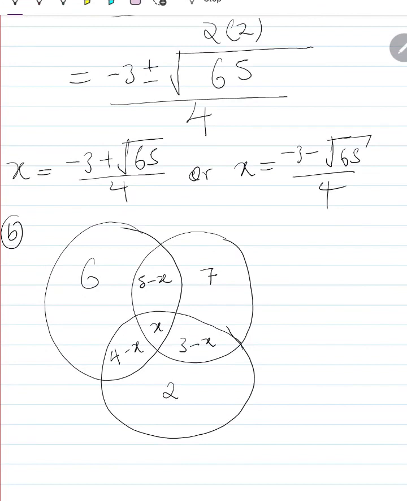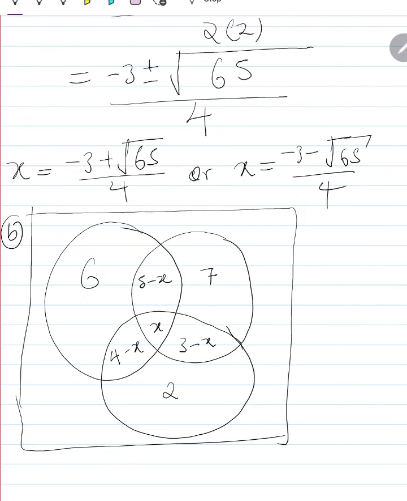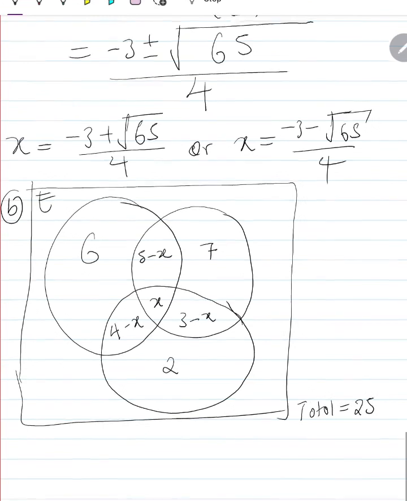Okay, so this is a simple Venn diagram, and we know that the total number of elements in this Venn diagram is 25. Okay, now what is the value of x?